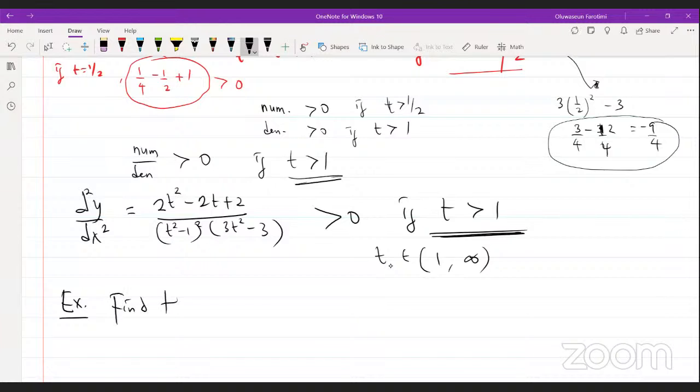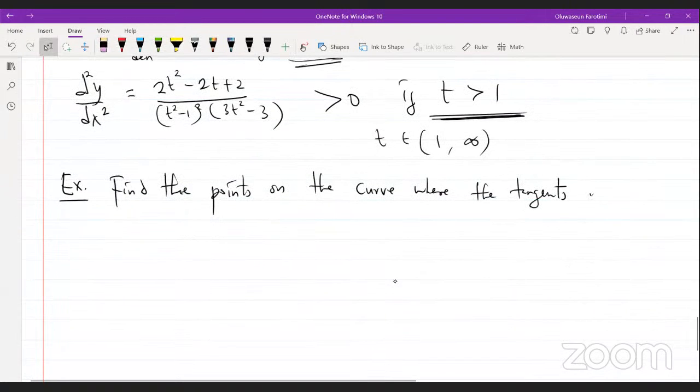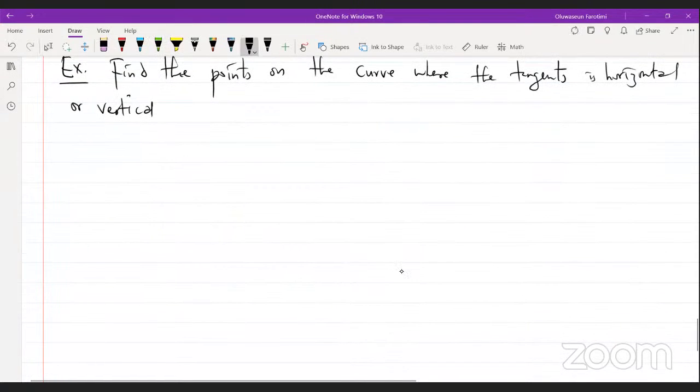Find the points on the curve where the tangent is horizontal or vertical.